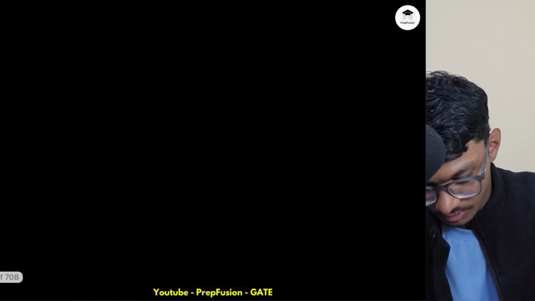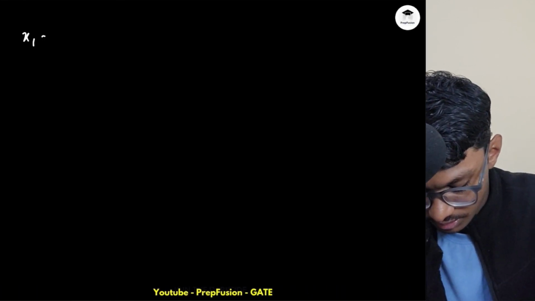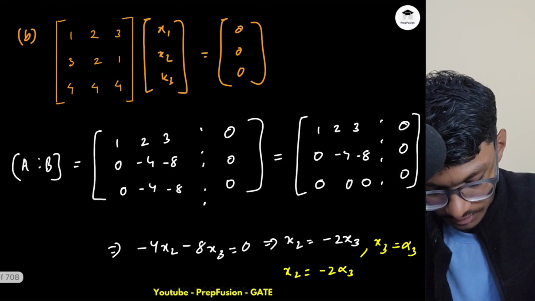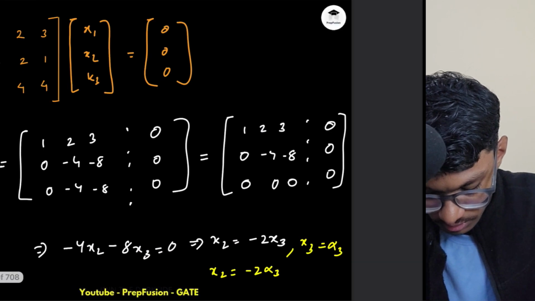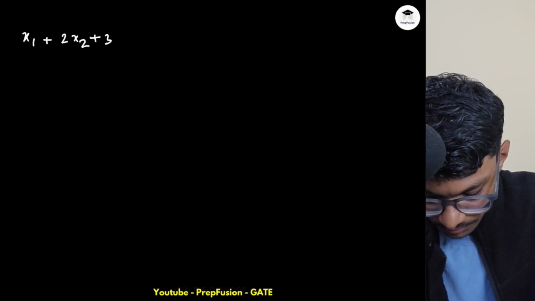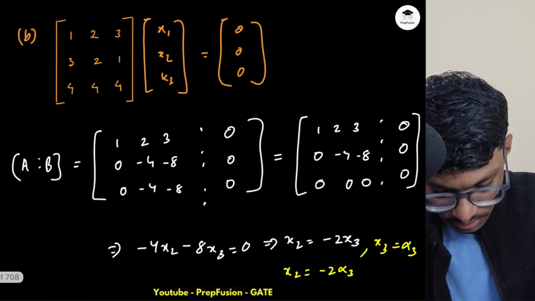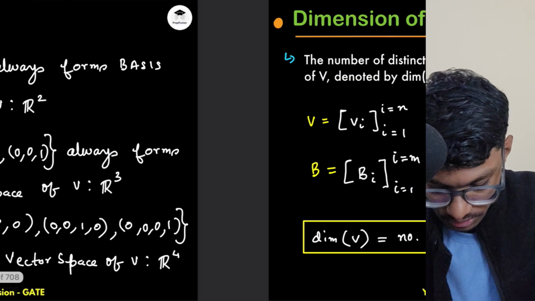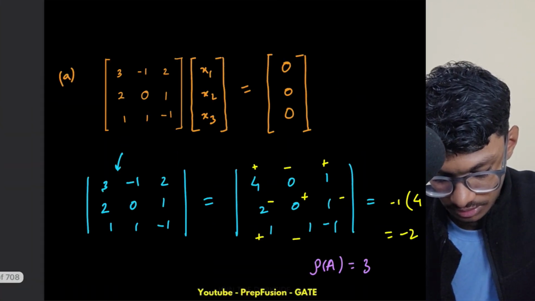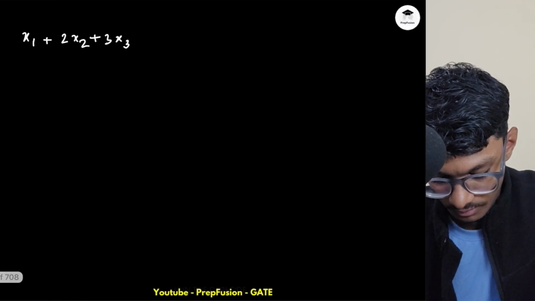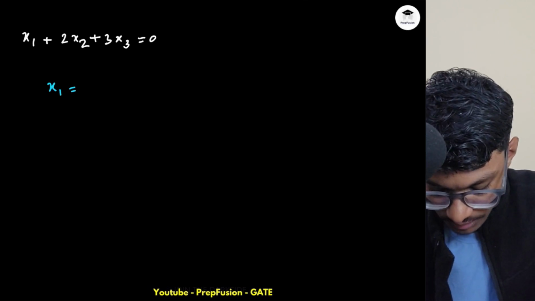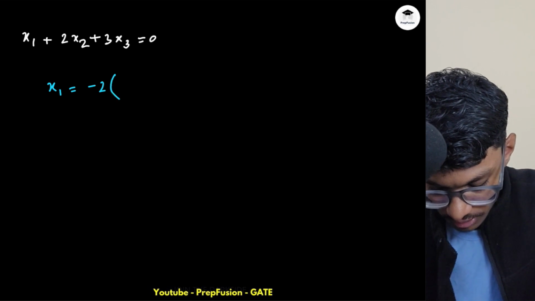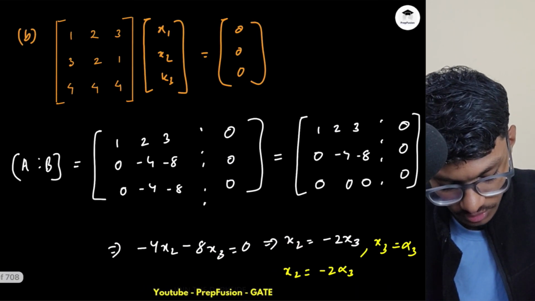Now I will write the x1 solution. X1 basically I will write along the first row. So x1 plus 2x2 plus 3x3 equals to 0. Okay, hold on a second. Equals to 0. So x1 equals to minus 2 into x2, which is minus 2 alpha 3.